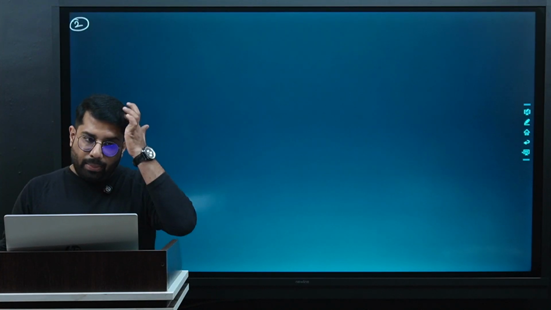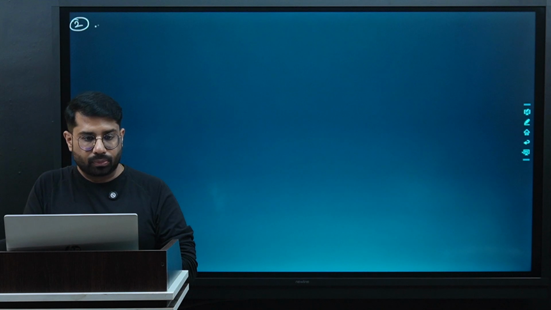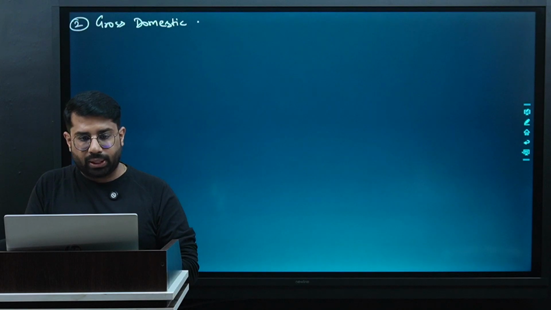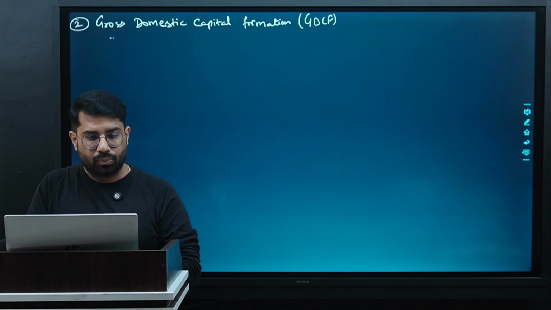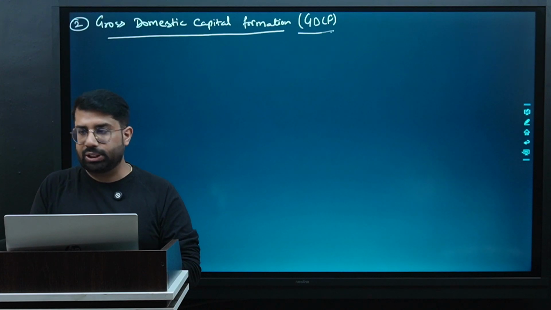The second element talks about the gross domestic capital formation, GDCF.